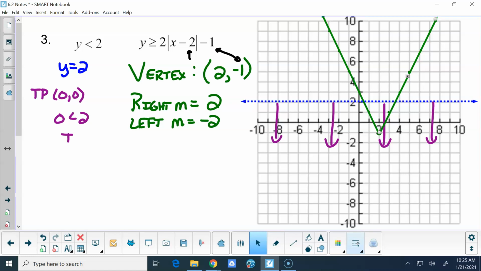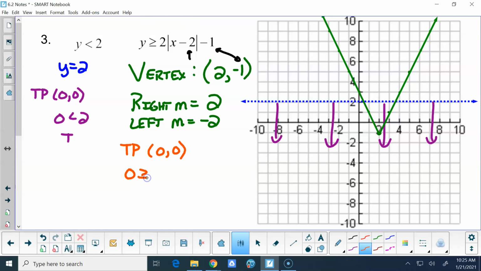And my rules for test pointing stay the same. It didn't go through the origin, so I'm going to put the origin back into my absolute value inequality. And this time it's going to be in or out. We're going to either shade inside the V or outside of the V. So if I put in 0, 0, that's going to be 0 greater than or equal to 2 times the absolute value of 0 minus 2, then minus 1. 0 minus 2 is negative 2.